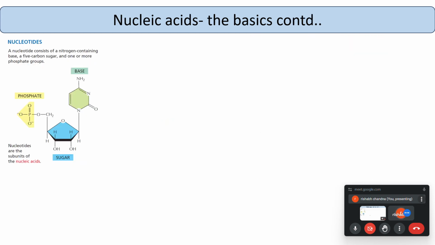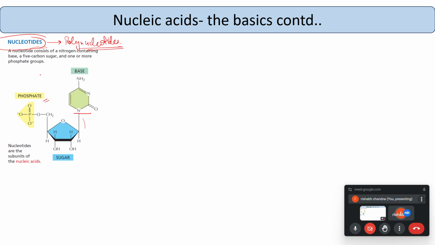Now moving on to the basic structure of a nucleic acid. Nucleic acids are composed of nucleotides. Okay, so the nucleic acids are polynucleotides. That means repetitive units of nucleotides are present in both the nucleic acids. So this is the unit of a nucleic acid. Now a nucleotide consists of a ribose sugar that is joined with the base and the phosphate group.